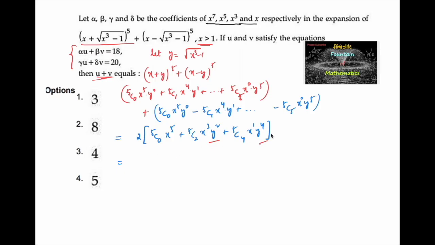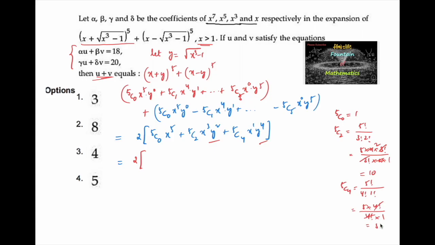Here 5c0 value is 1, and 5c2 value is 5 factorial by 3 factorial into 2 factorial, that is 5 into 4 into 3 factorial divided by 3 factorial into 2 into 1. So 5 twos are 10, 5c2 value is 10, and 5c4 value we can write 5 factorial by 4 factorial into 1 factorial, that is 5 into 4 factorial divided by 4 factorial into 1, which is 5.